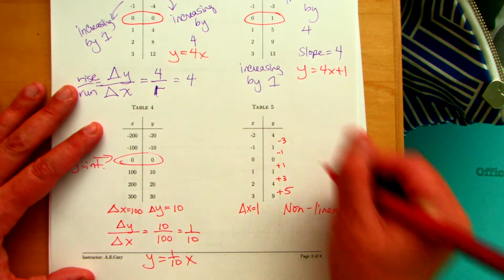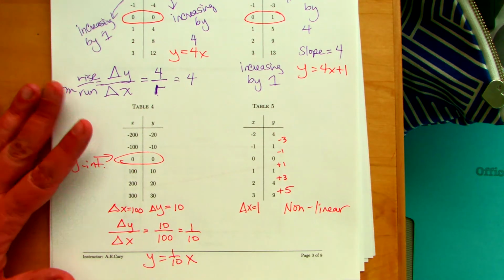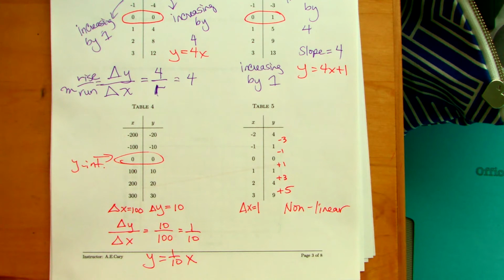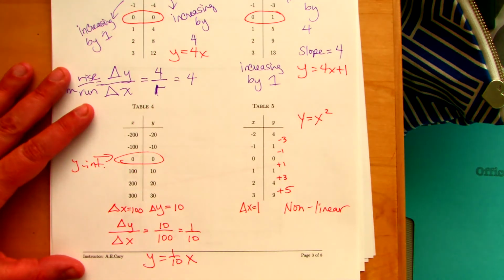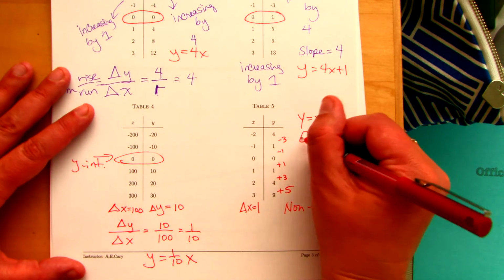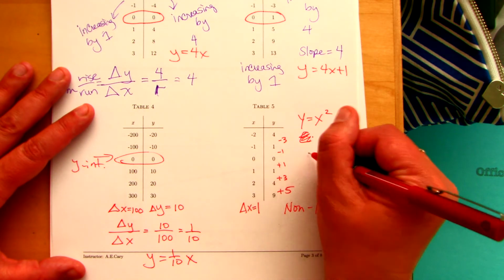Does anybody know what pattern that is? This is kind of a famous pattern. Do you see any other relationships between the numbers? Yes? X squared. She has the equation. You're ready for Math 65, I can tell already. Y equals x squared. This is what we're going to deal with in Math 65. This equation is quadratic.